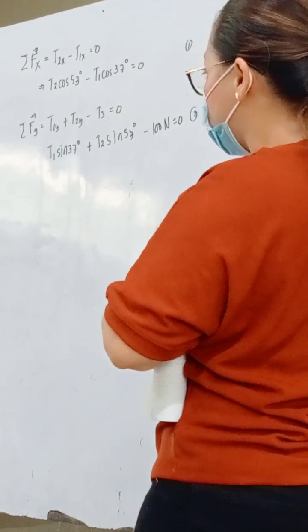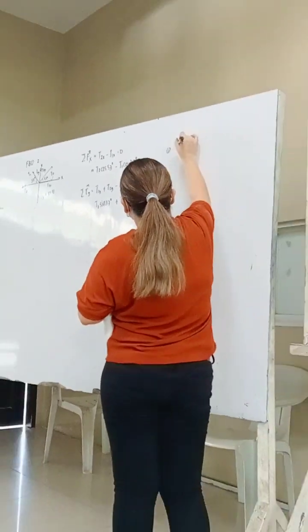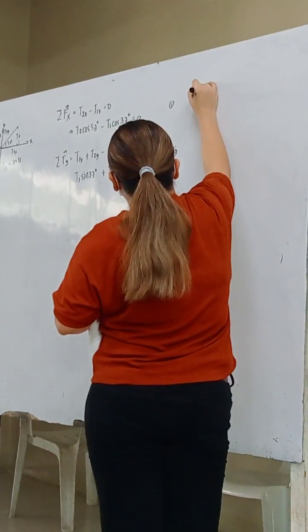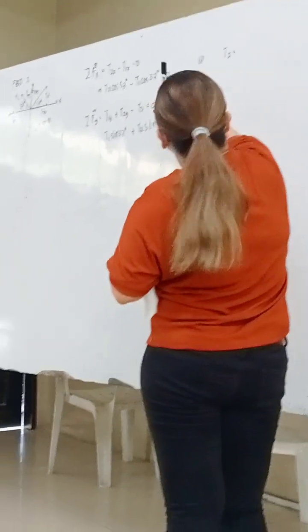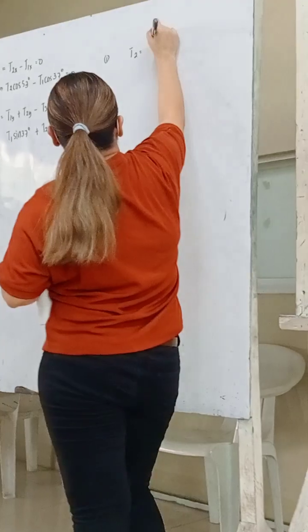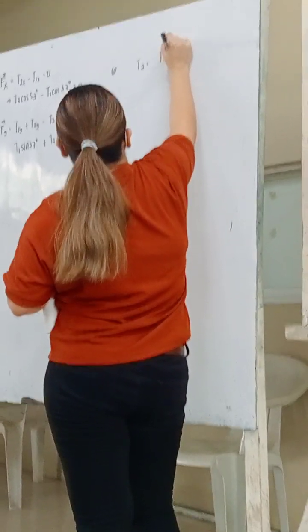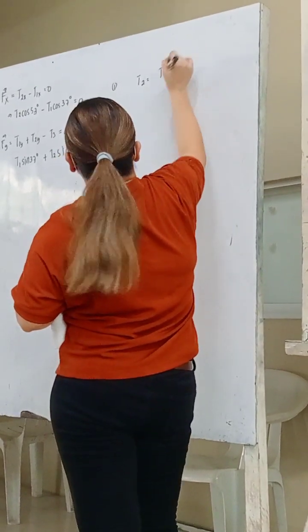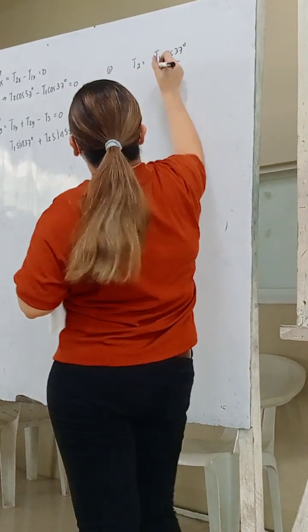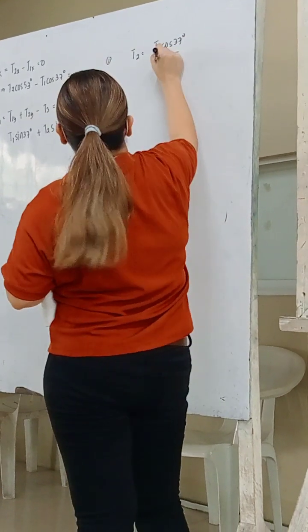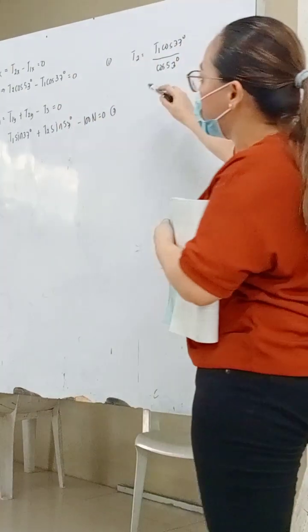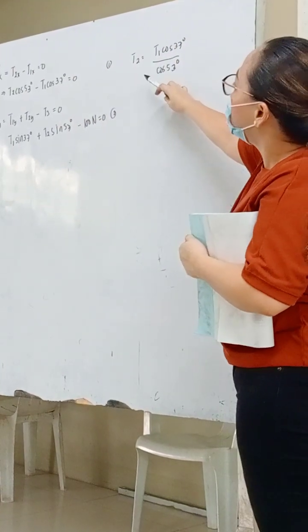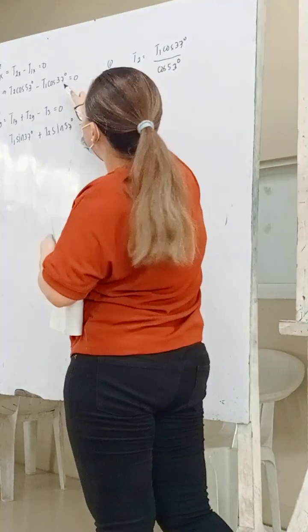Using the substitution method, from the first equation, let us solve for T2. We transpose, so we have T1 cosine of 37 degrees, positive, and divide both sides by cosine of 53 degrees. That is the equation for T2, equation number 1.